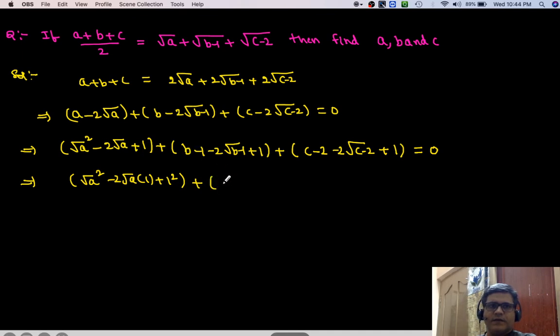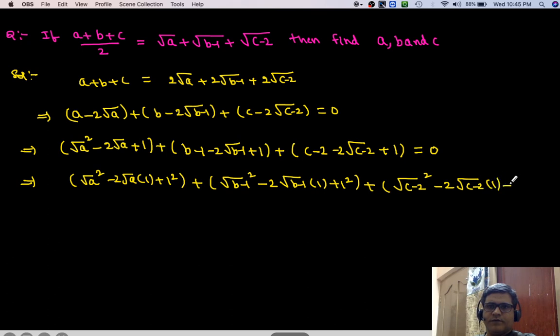The second bracket can be written as (√(b−1))² − 2·√(b−1)·1 + 1², plus the c − 2 can be written as (√(c−2))² − 2·√(c−2)·1 + 1² is equal to 0.